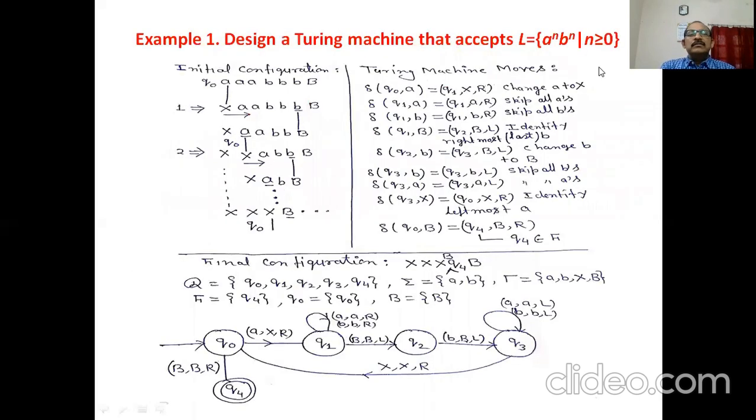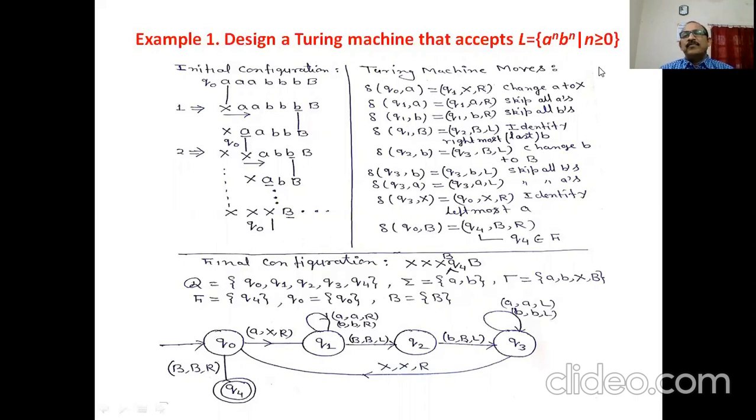Let us see the first problem. Design a Turing machine that accepts the language a^n b^n such that n is greater than or equal to 0. The first step to design a Turing machine for a given language is to identify the patterns of words in the language.